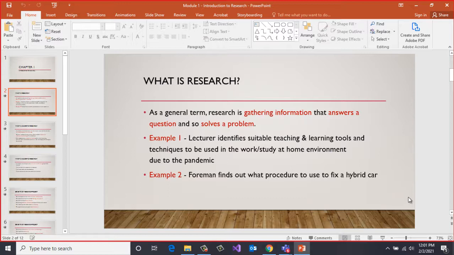And during the process of cooking, I may need to ask people who are experienced in this how to actually cook this biryani gam rice with kuzi mutton. So for me, in my context, that is actually research.